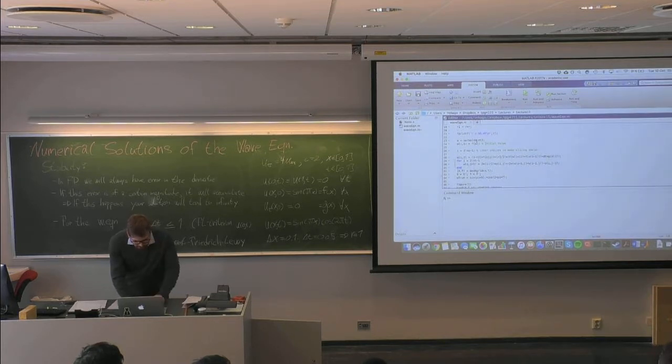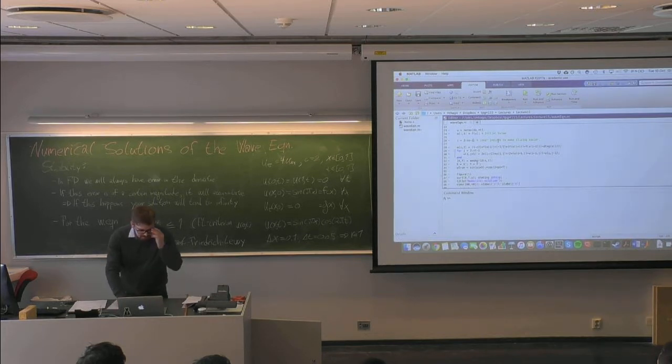Initializing the vectors, so I'm going to save every time step. If you don't want to do this, then you need to at least save the previous one, so that's 1, at least. And then I'm trying to make slicing again. So this is just a list of the inner values of my x.